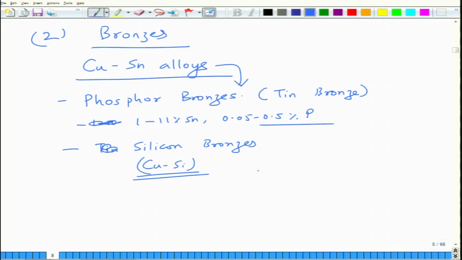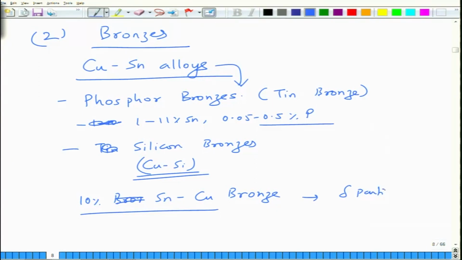So, a variety of these structures, and basically in this, let us say, 10% tin copper bronze, shows essentially delta particles in an alpha matrix.